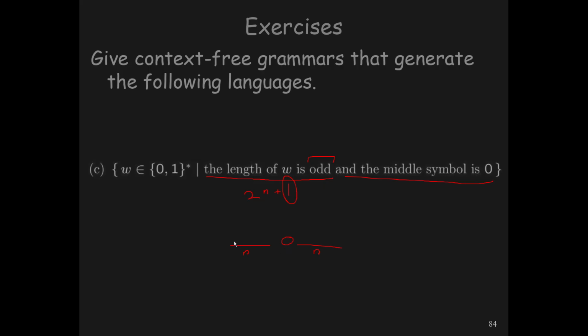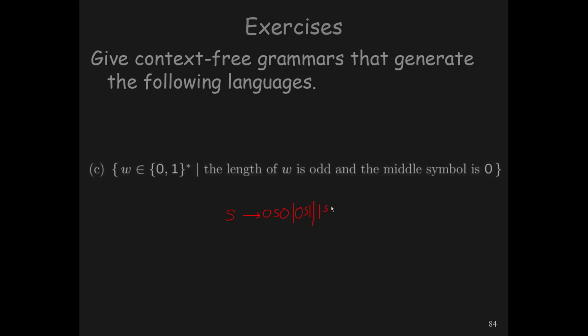Now, the symbols here can be anything, can be zeros or ones. They don't have to be the same even, okay? So what you're going to do here is you're going to have S produces 0S0 or 0S1, because the two sides don't need to be the same, right?